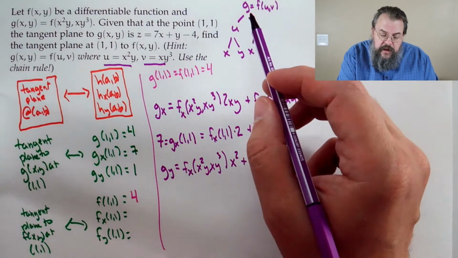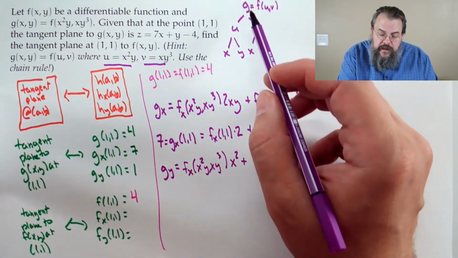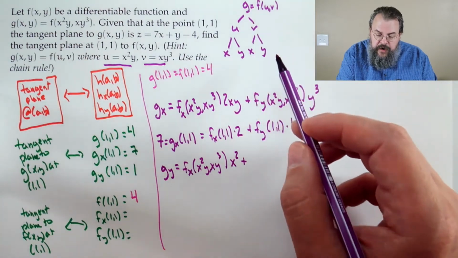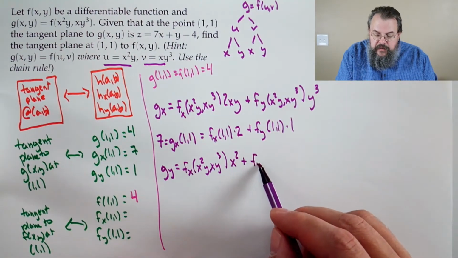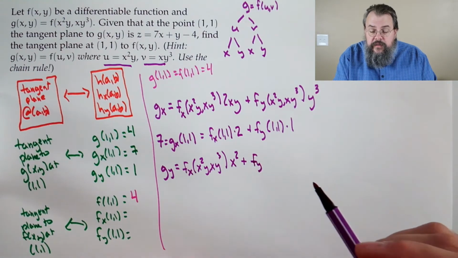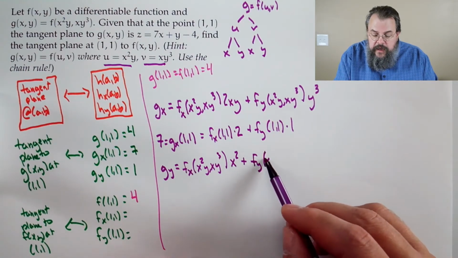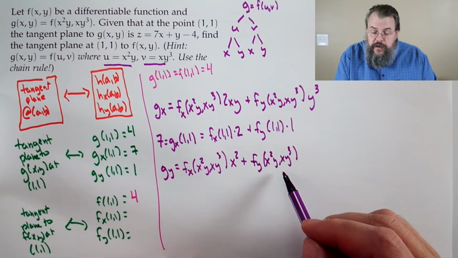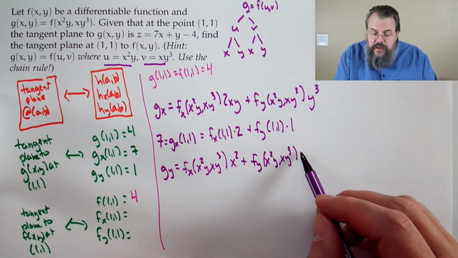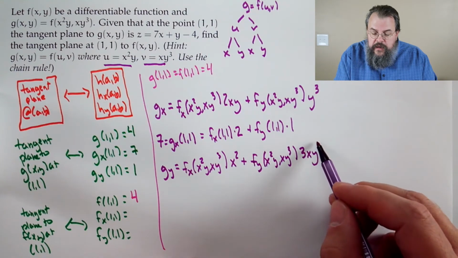Plus, now we went that way, next is this other branch. The derivative of the function with respect to v shows up in the second slot, the y slot, so f sub y at (x squared y, x y cubed), times the derivative of x y cubed with respect to y, which is 3xy squared.